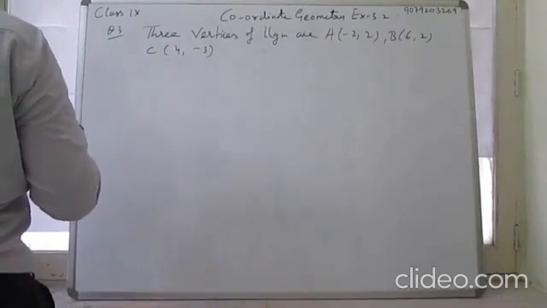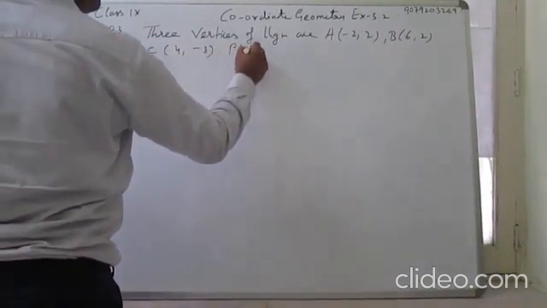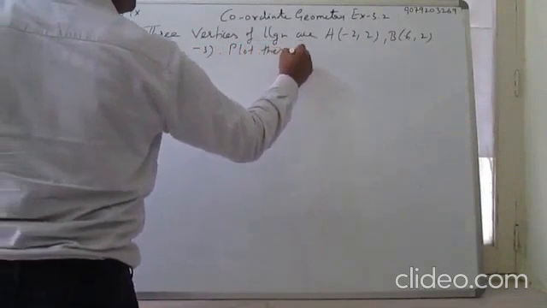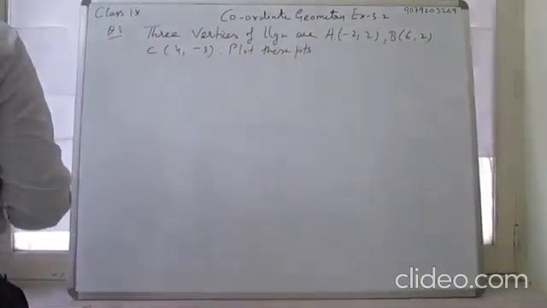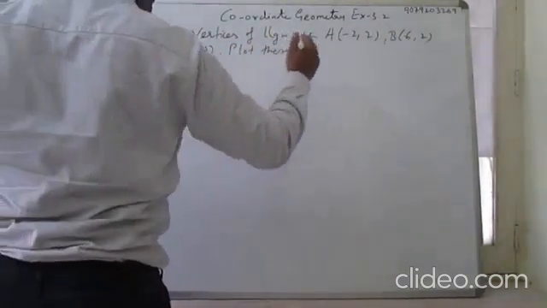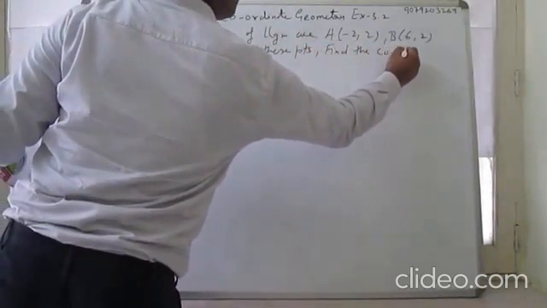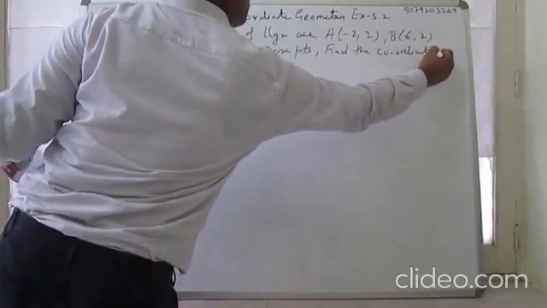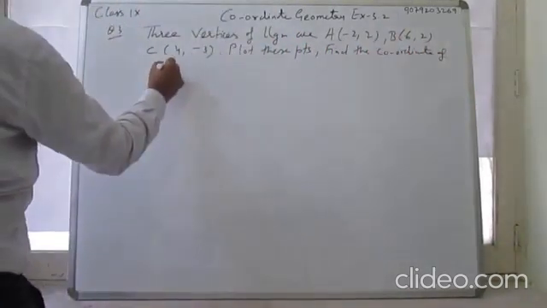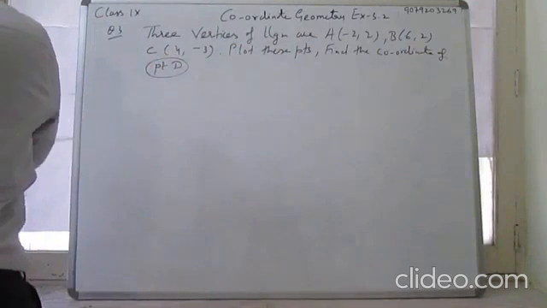Plot these points on the graph. Find the coordinates of point D.